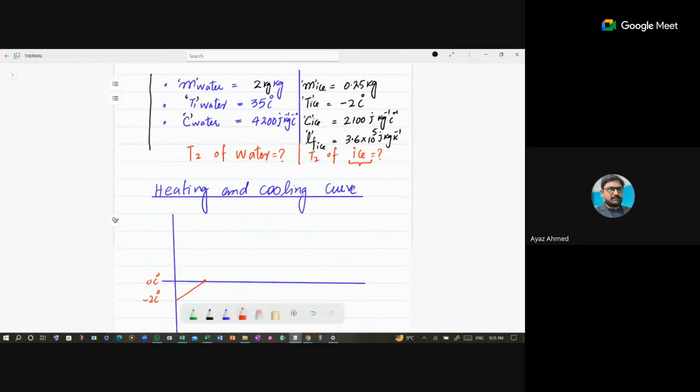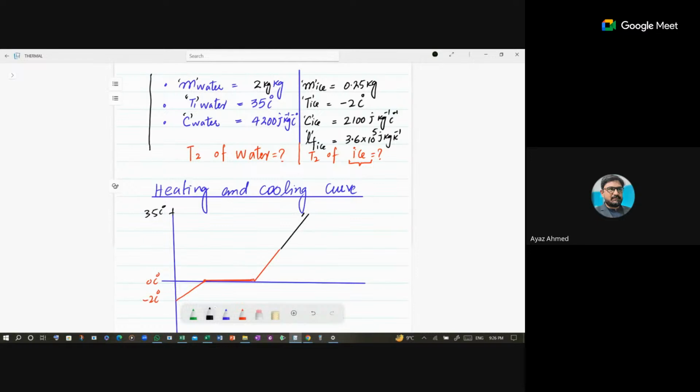Ice will reach 0 degree centigrade, then it will take some time for melting. Then its temperature will increase and it will reach a final temperature. Let's say that is your final temperature over here. Meanwhile, water was at this point. Let's say this is your 35 degree centigrade. Water would cool down and reach this point.